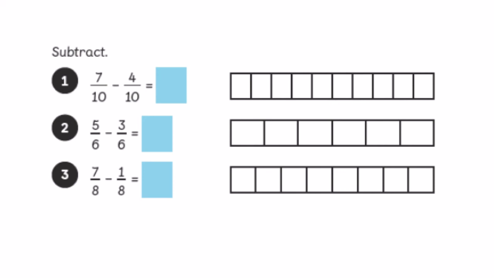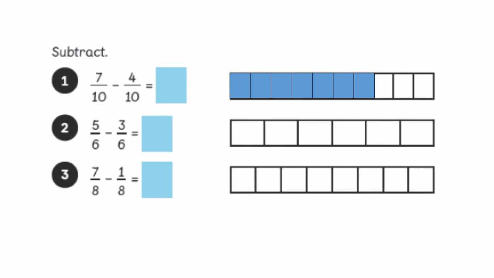Let's have a look together. In the first question, the denominator is 10, so we need to split our bar into 10 equal pieces. What fraction am I starting with? 7/10. I'm starting with 7 of the 10 pieces.